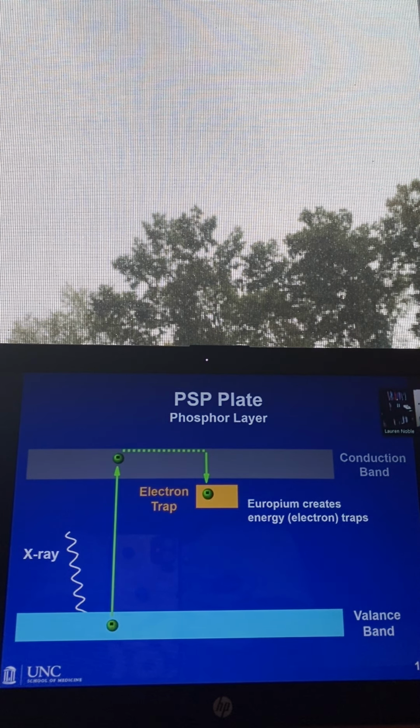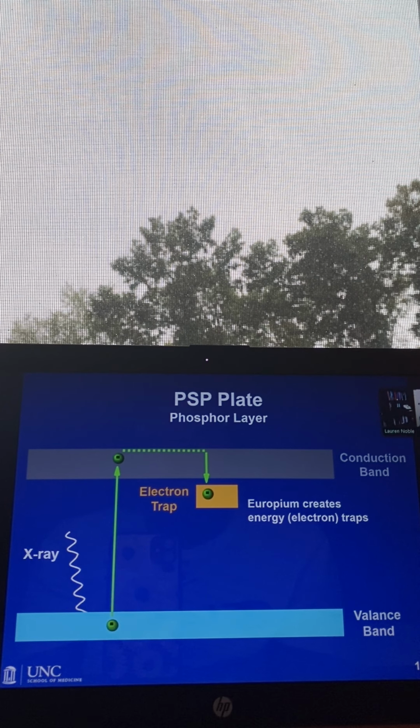And X-rays, when they interact with atoms, they can release electrons, right? Isn't that ionization? Yeah. So the X-ray is causing the barium fluorohalide atoms to be ionized. It's releasing electrons from the barium fluorohalide.